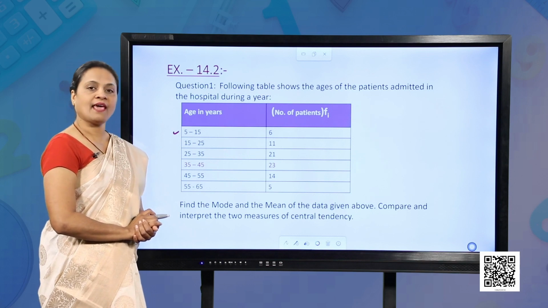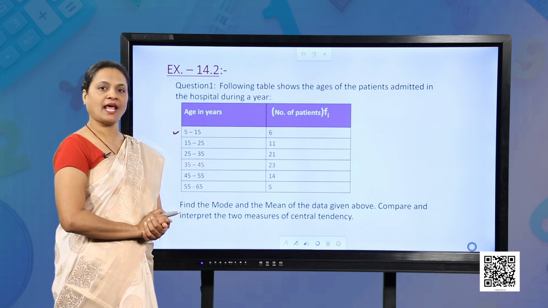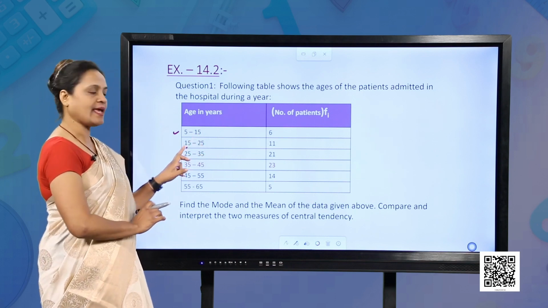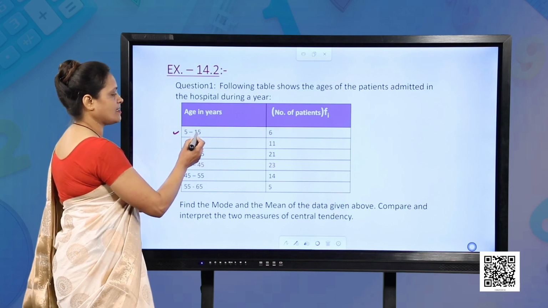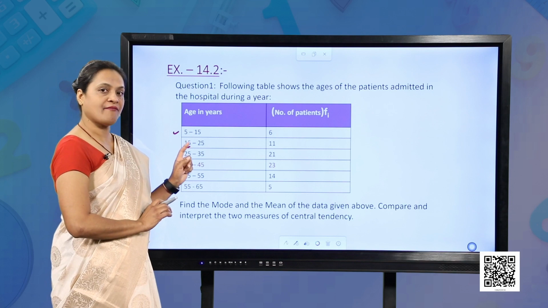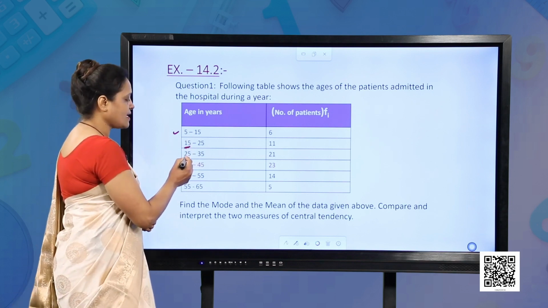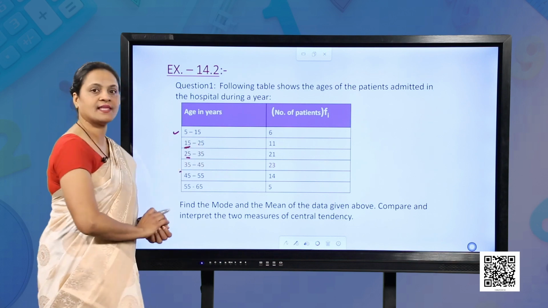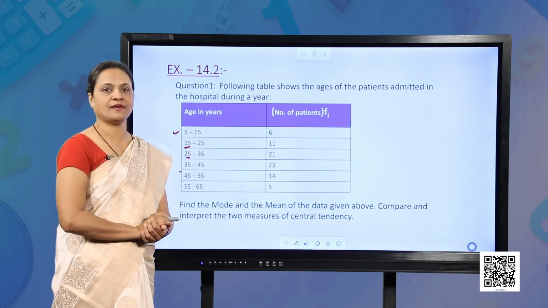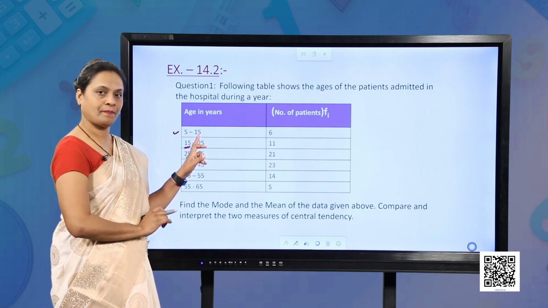That means if a patient of age 15 years is admitted, that patient will be marked in the second class interval and not in the first one. Any patient of age 25 years will be considered in the third class interval and not in the second. So, the upper class limit of a class interval is not included in that interval.